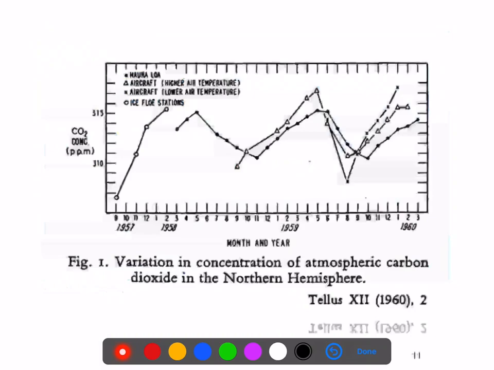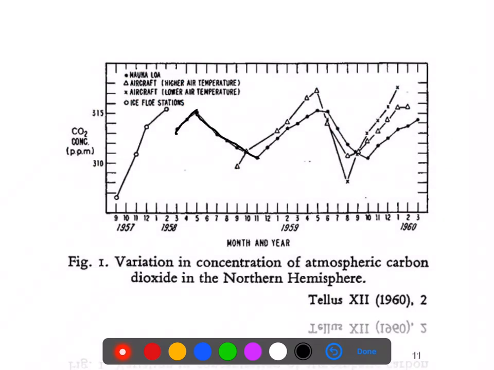Let's talk about when we first learned that we had potential issues with CO2. Sometime in the 50s, technologies improved in such a way that we were able to get better estimates of the concentration of CO2 in the atmosphere. What you're looking at here is called the Keeling curve, and it shows that CO2 levels go up and down seasonally.